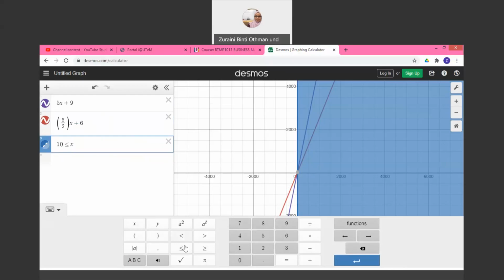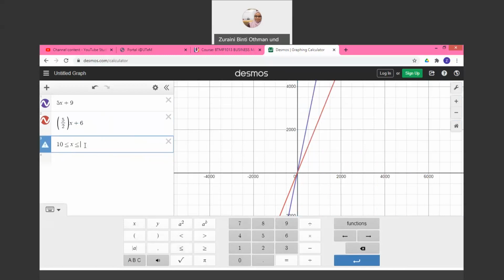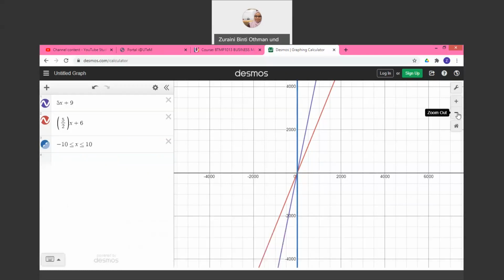Or we want to put another inequality here, which is, just now this is 10. If we want to go for the left hand side, this is the arrow, then we want to find that tool right here, then go to the right arrow. So this is the point yang we want to.